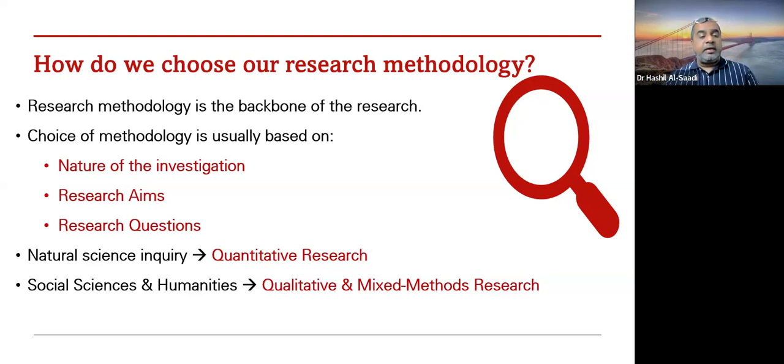So you can use quantitative, but here I'm talking about the overall trends. Usually quantitative research would be used for natural sciences. In social sciences, I myself favor qualitative and mixed methods rather than using one single method, which is quantitative, especially when it comes to educational, social, emotional topics, and so on.